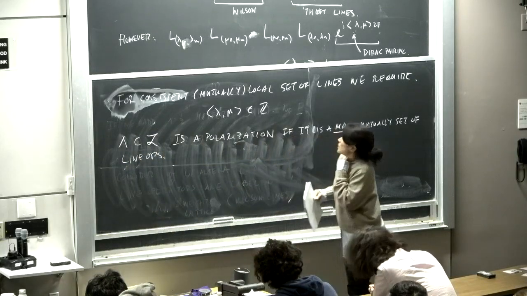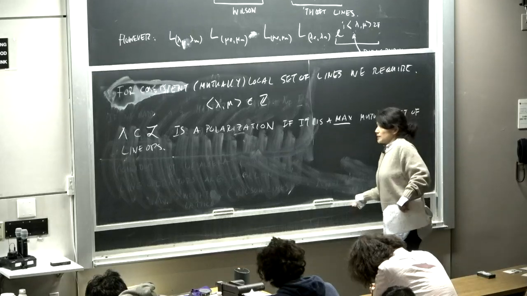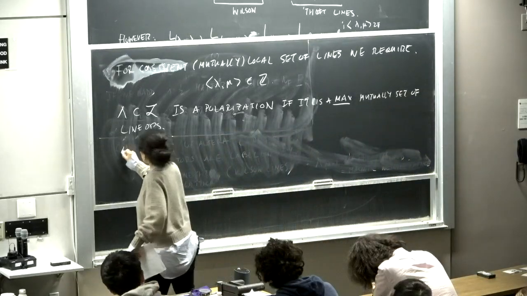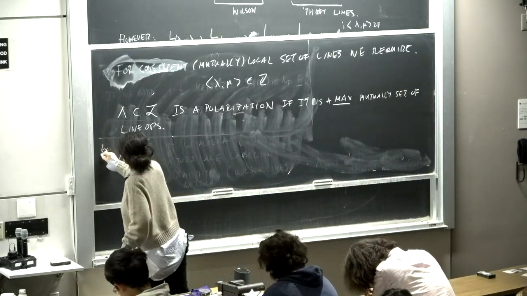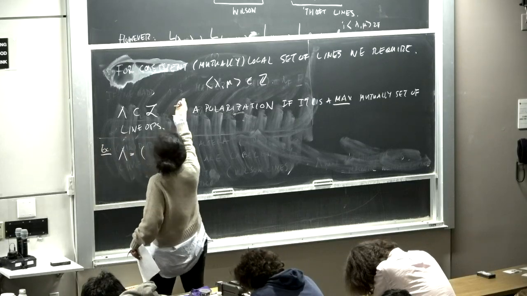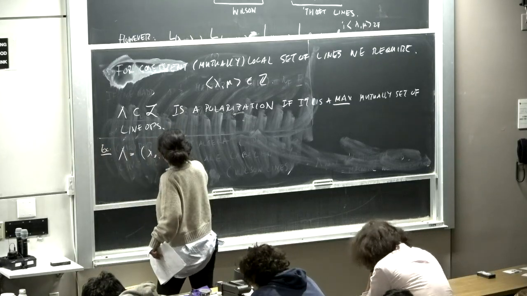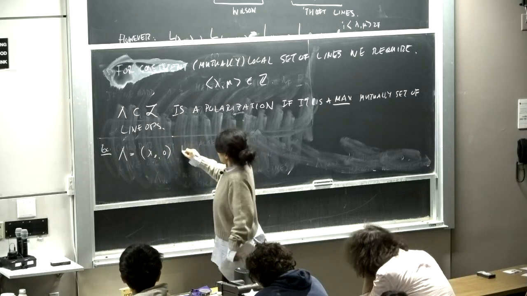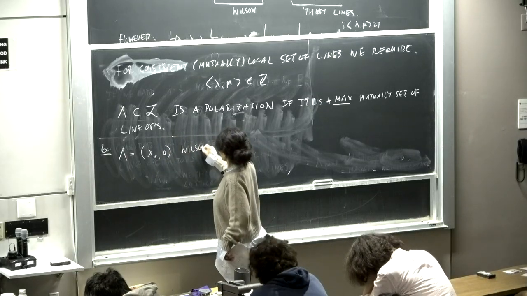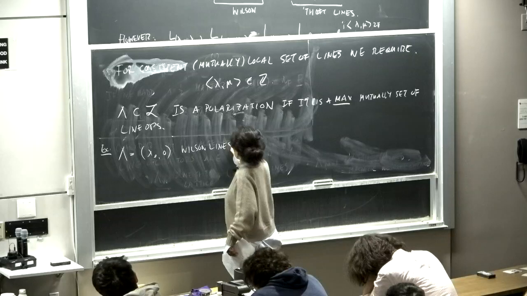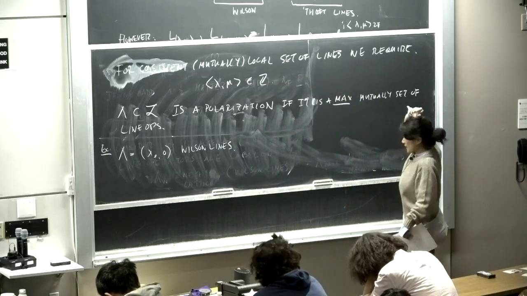So one polarization that we discussed there, as an example: if lambda is just purely electric, so you only have Wilson lines, that's obviously consistent with the integrality.